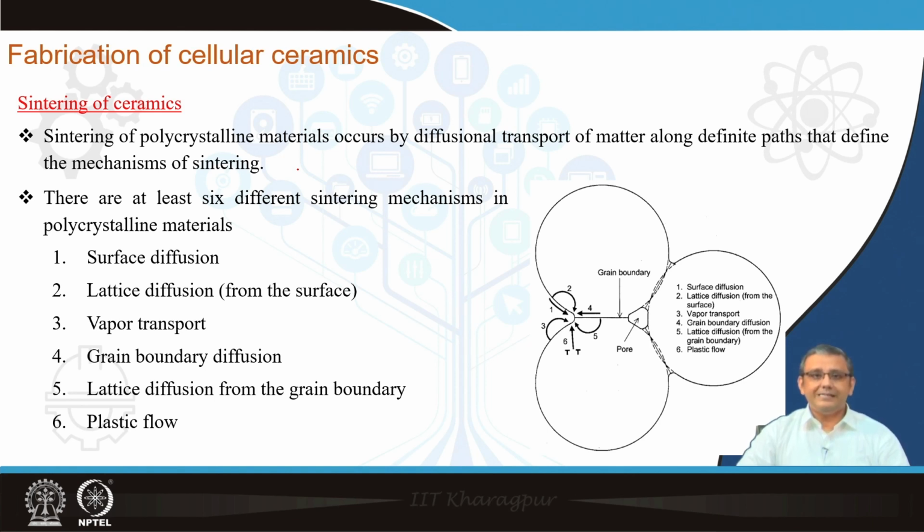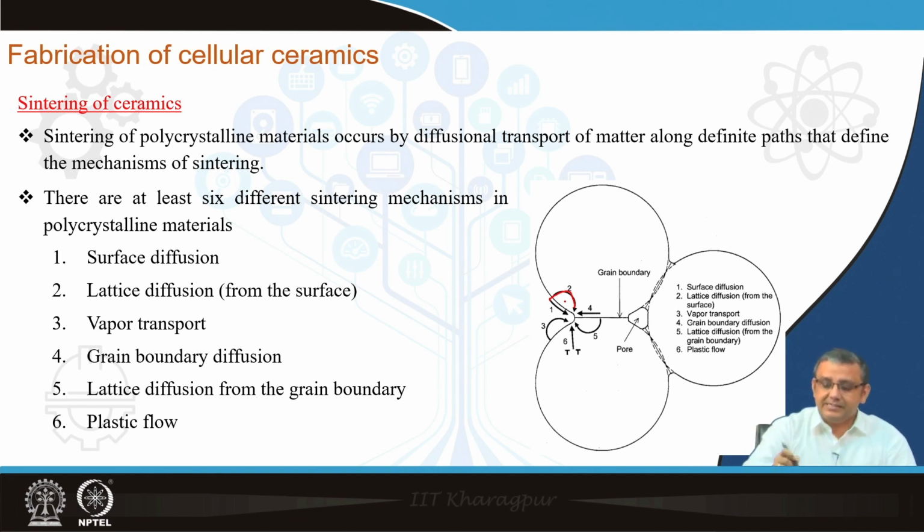These 6 mechanisms are identified as surface diffusion, mechanism number 1, then lattice diffusion, as you can see it takes place from this point to this point, then vapor transport, grain boundary diffusion, and lattice diffusion from the grain boundary.